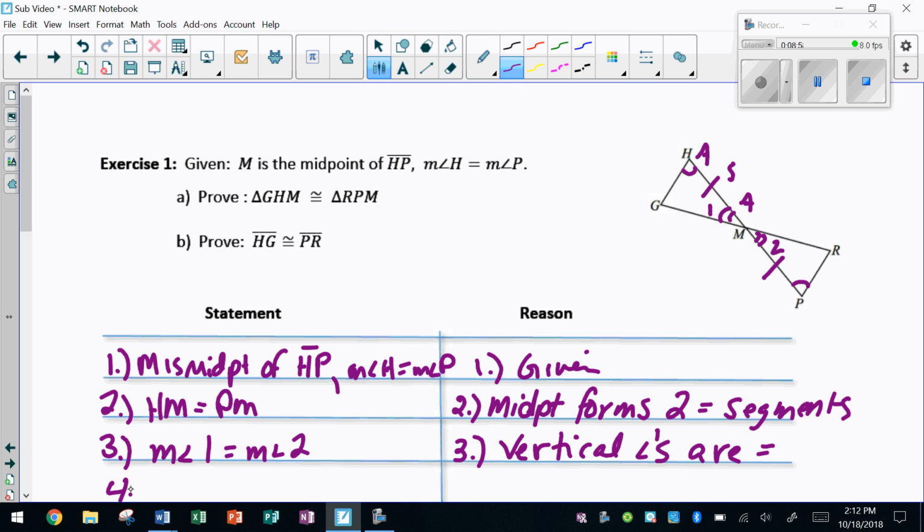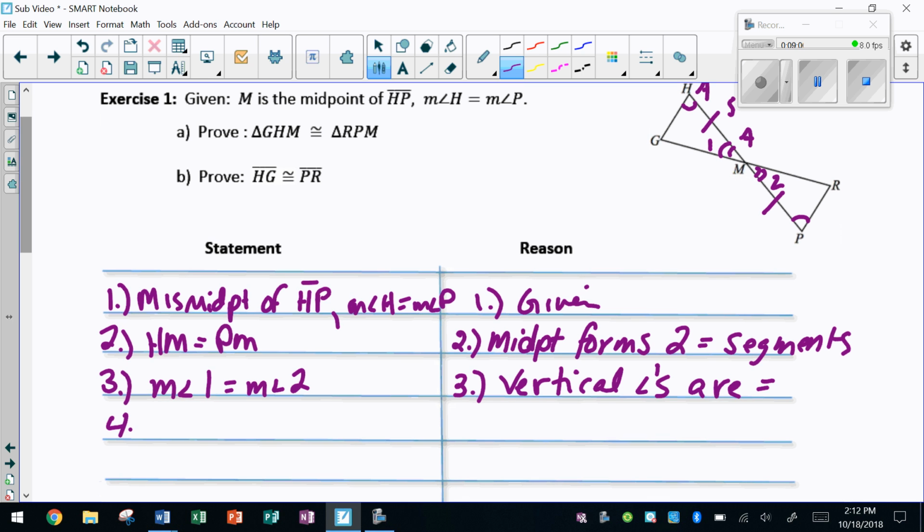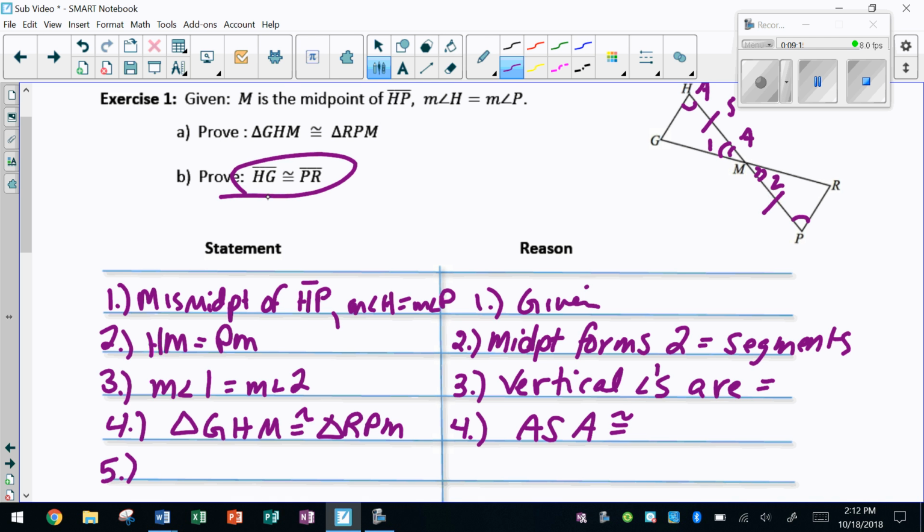So we can go right ahead and say in step 4 that triangle GHM is congruent to triangle RPM, and that is because of our new angle side angle congruence criteria. But there is another step, and that is, can you prove now the corresponding parts, HG and PR, are now congruent?